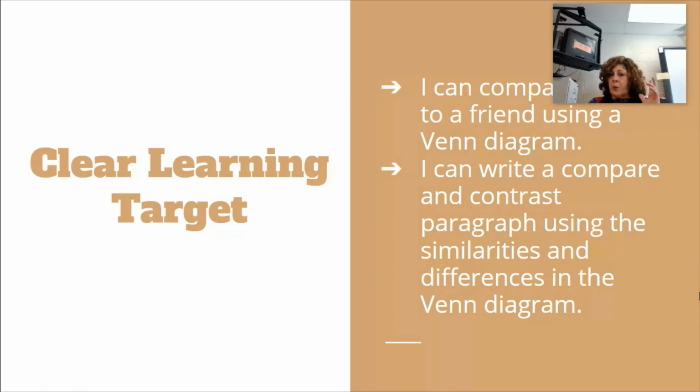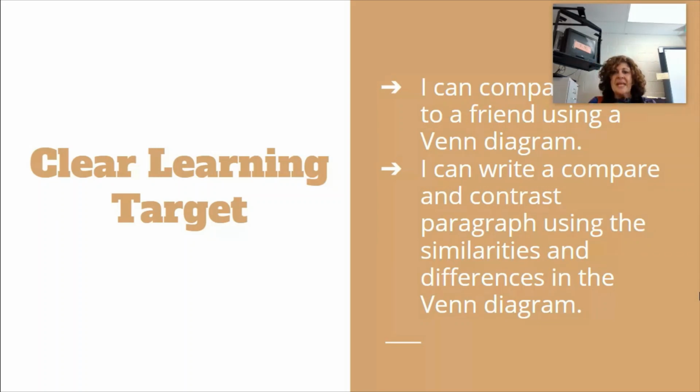And as you probably remember, we use the Venn diagram to find differences and similarities between two or more different things, right? Well, today we are going to use that Venn diagram to actually write a paragraph.